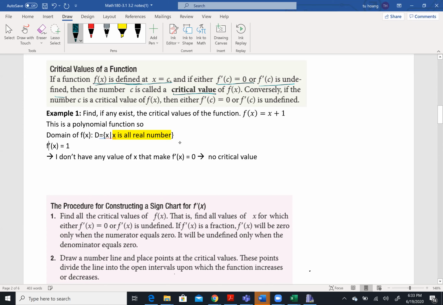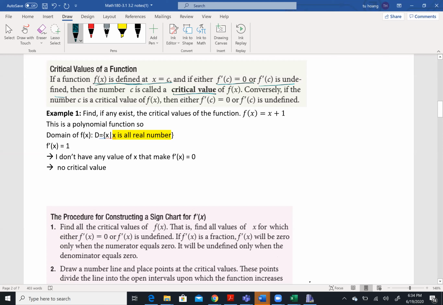Is there any value of x that makes f'(x) equal 0? There is no value of x that makes f'(x) equal 0. So there's no critical value in this example.